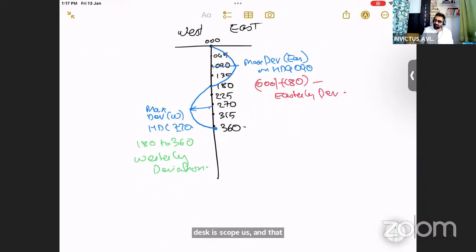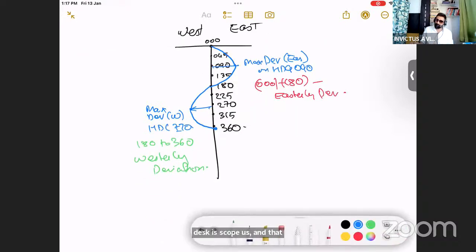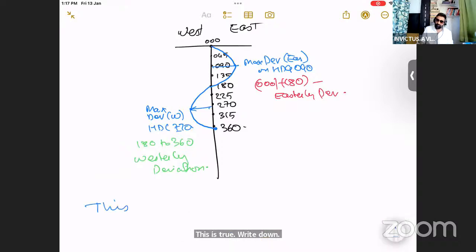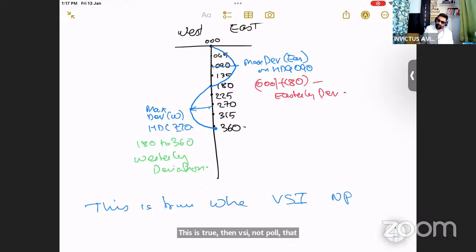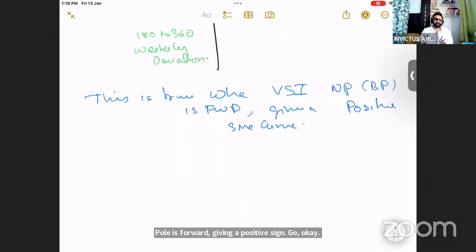This is true. Write down. This is true when the VSI north pole, that is the blue pole, is forward, giving a positive sine curve. Questions might also come with respect to curves. They could come to you also, so I'm just specifying it.